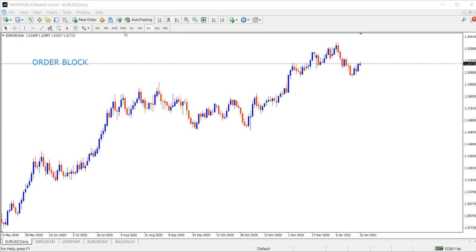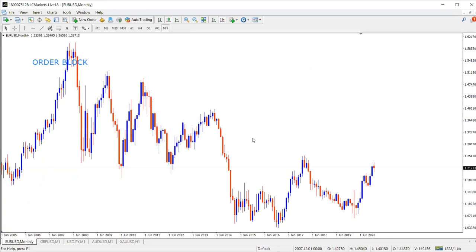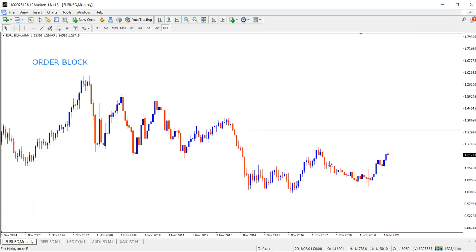So let me change to the monthly time frame, since we already know how to use the top down analysis. I want to show you something.